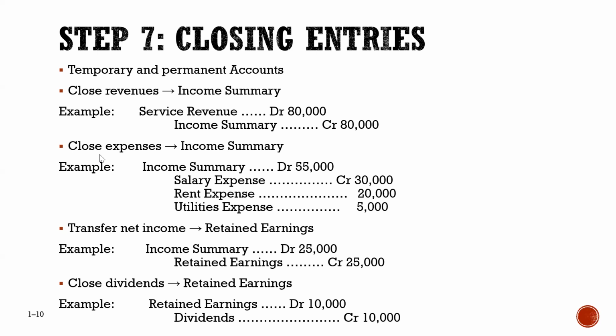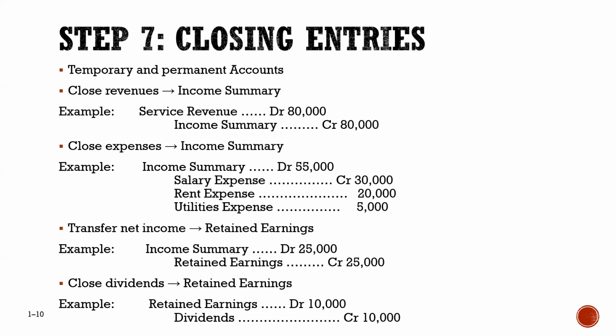Second, we close the expense accounts. Expense accounts naturally have debit balances, so we close them by crediting each expense and debiting the income summary account. Opposite. This way the expenses are also moved into the income summary account, so the total can be compared with the revenue.